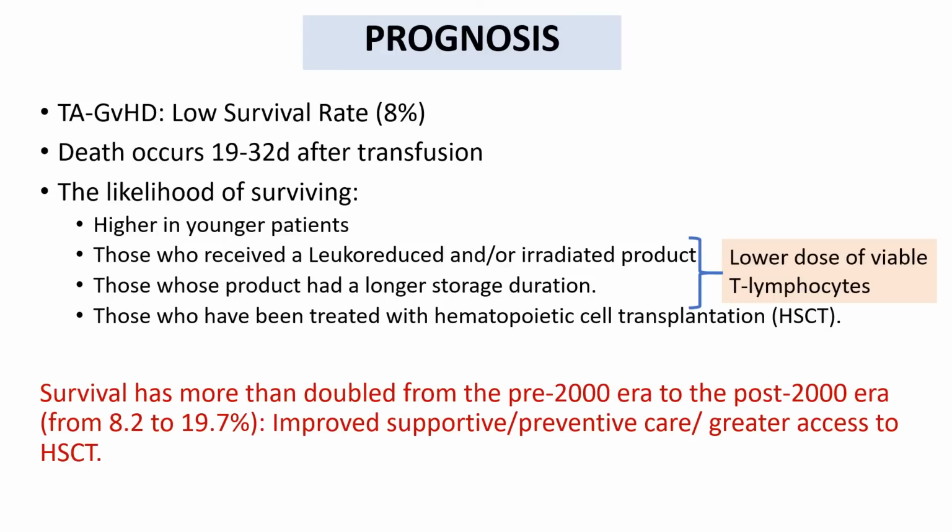Also, those who have been treated with transplantation are more likely to survive. Survival has more than doubled since the year 2000, from 8% to approximately 19.7% now, which has been attributed to improved supportive and preventive care and greater access to hematopoietic stem cell transplants.